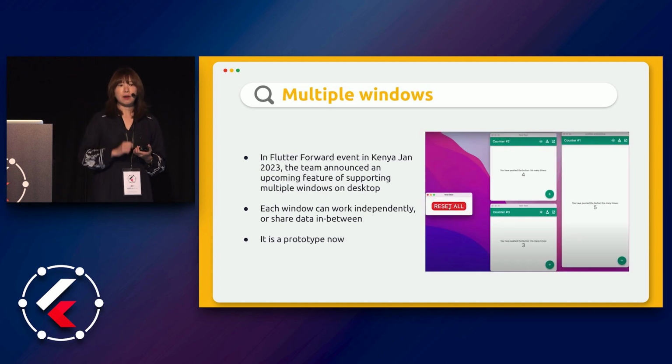And a few months ago, in Flutter Forward, we heard the mention of multiple windows. This isn't just some feature we build for desktop, but once it becomes available, it will go to desktop as well. What it means is when you have your application running, you can actually have multiple windows.